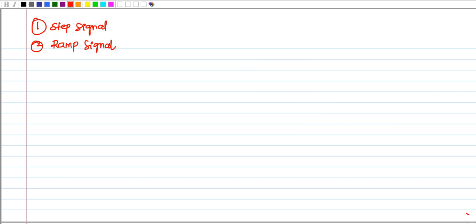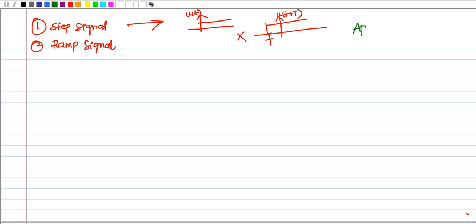Now one can ask whether the unit step signal or the ramp signal is periodic or not. Let's see how to check this. We know the step signal is u of t. If I time shift it by T, that is u of t plus T, I get this signal. Both are not the same, therefore this is an aperiodic signal.